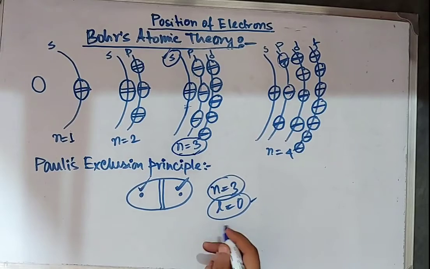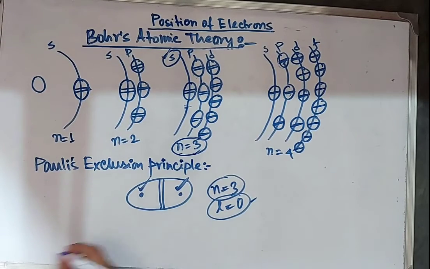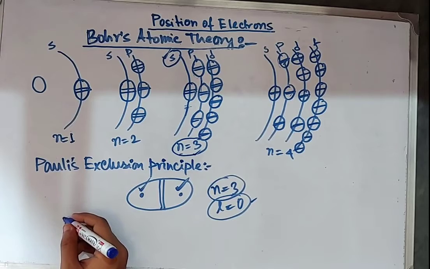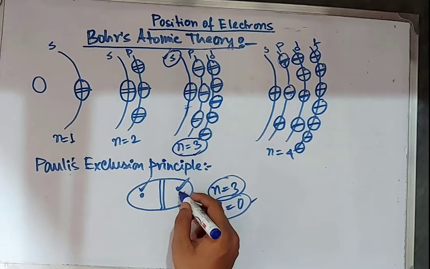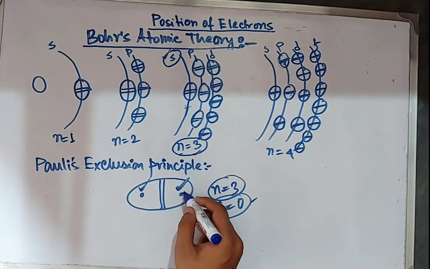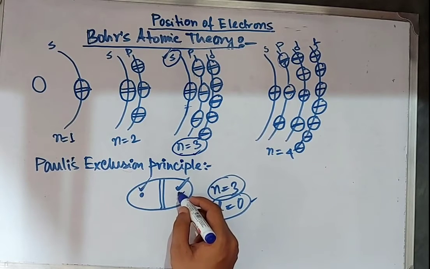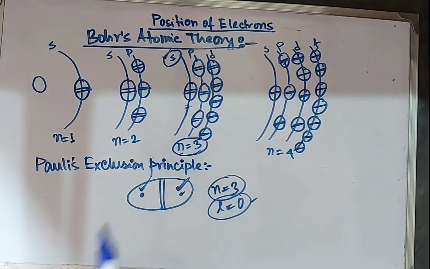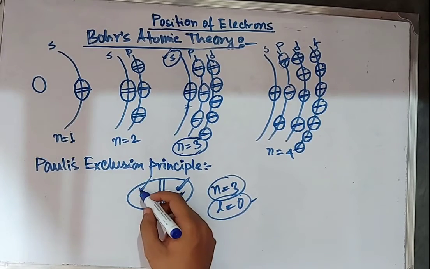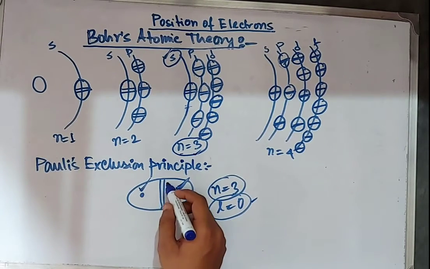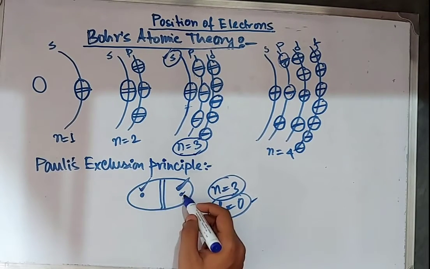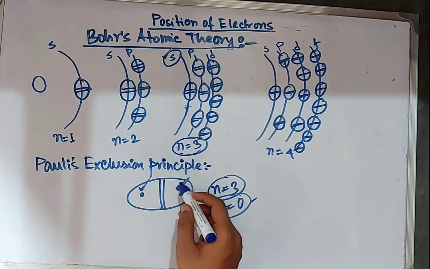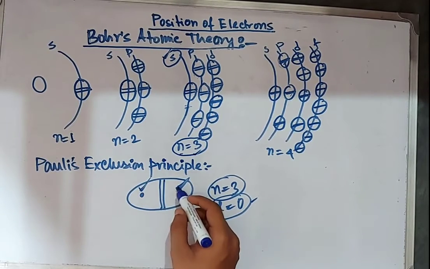What is that? Pauli says the electrons which are placed in the same orbital can be differentiated by their spin quantum number. I'm repeating once again: the electrons present in the same orbital can be differentiated by their spin quantum number.